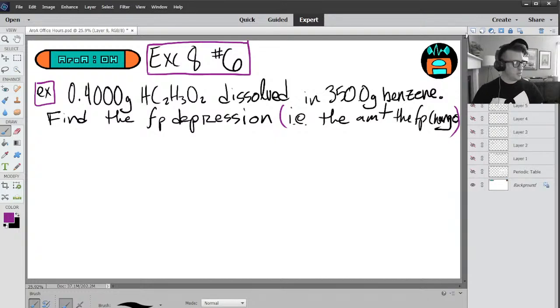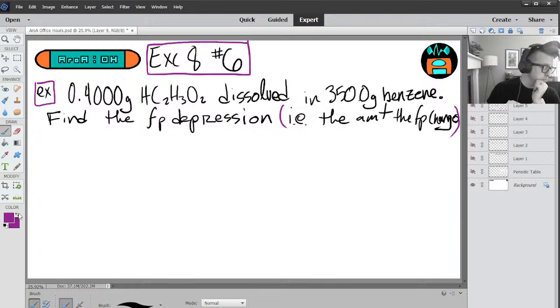All right, so we're asked to find the amount the freezing point changes.